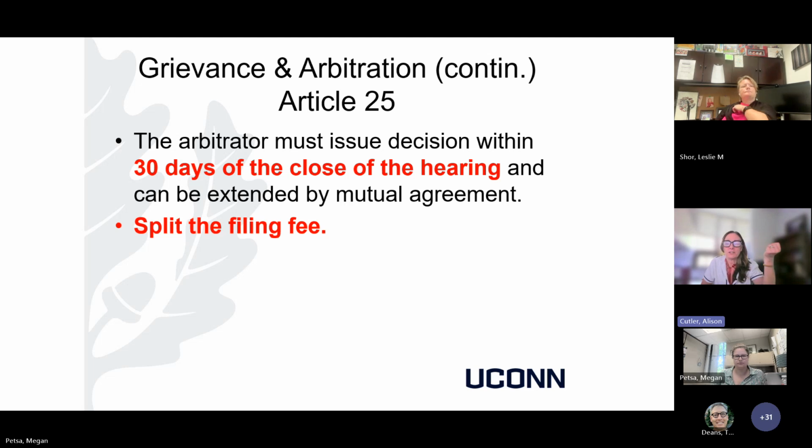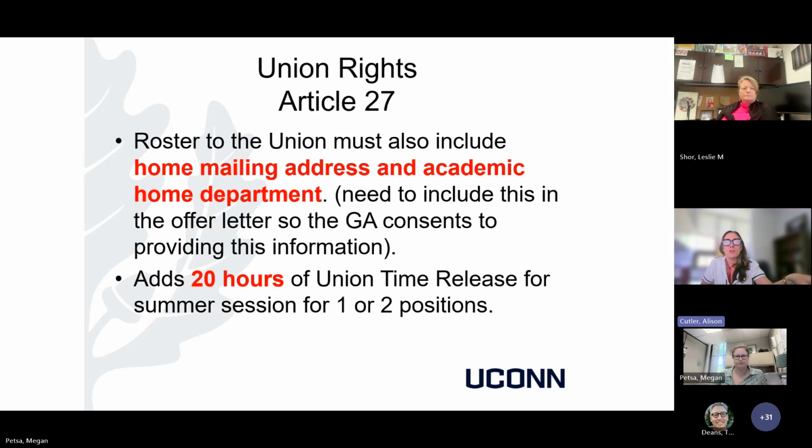Yeah, and then another change is instead of them paying the filing fee at arbitration, we are going to be splitting that. Move on to the next one. So when a GA signs their offer letter, they are attesting that they are giving consent for the university to provide specific information to the union.